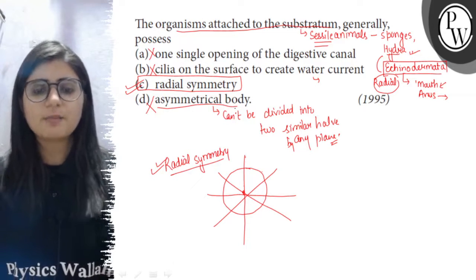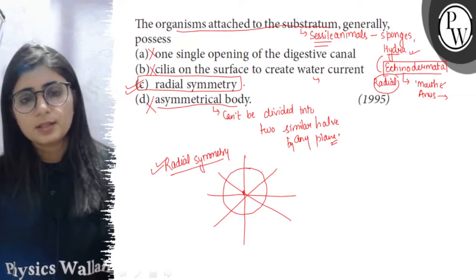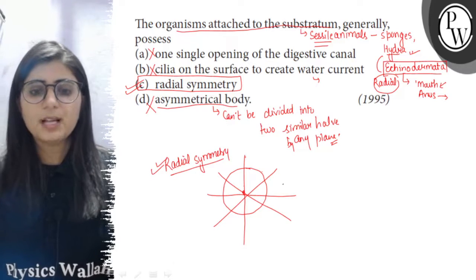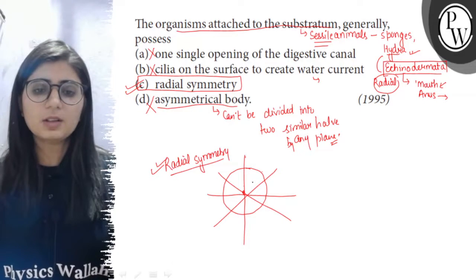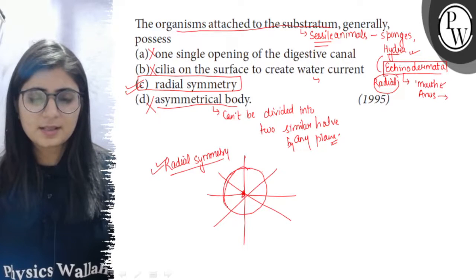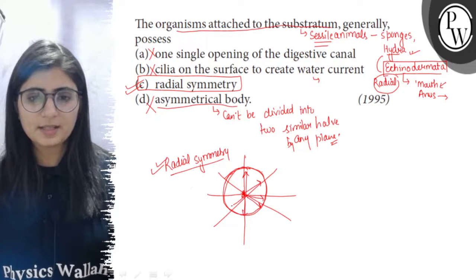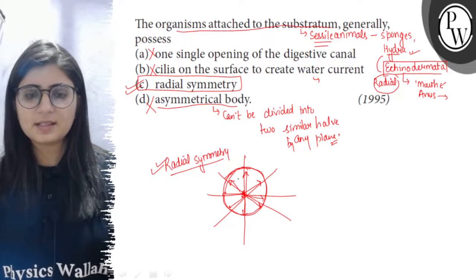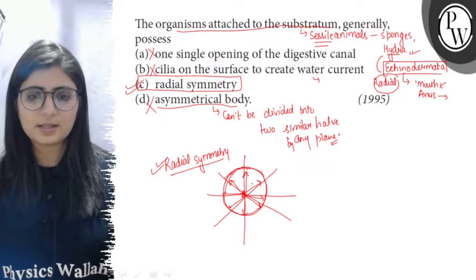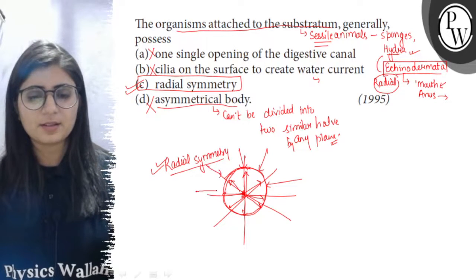So it is a feature of the sessile animals, because this type of symmetry helps to detect the danger from all directions. As you see, the body parts are arranged along the radii, they are equally distant, and they can detect the danger from each and every direction.